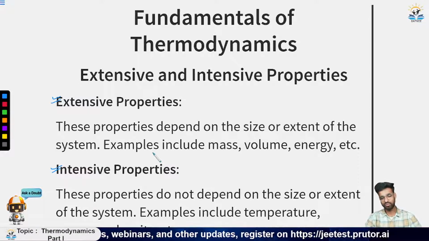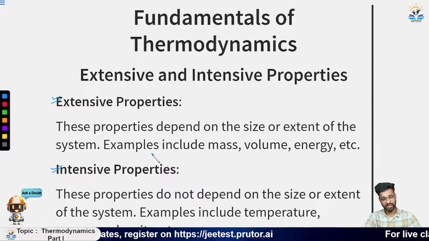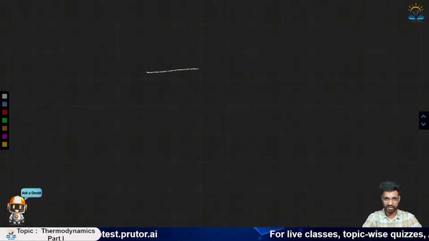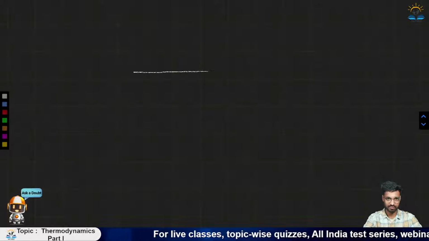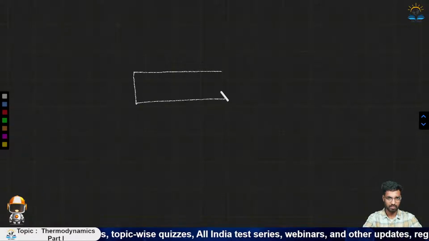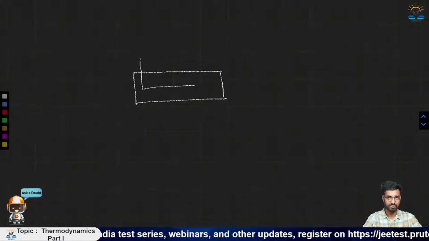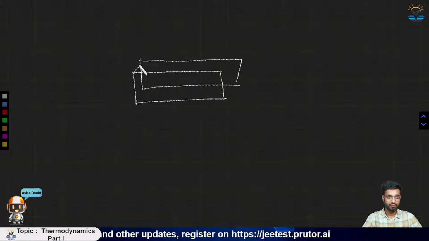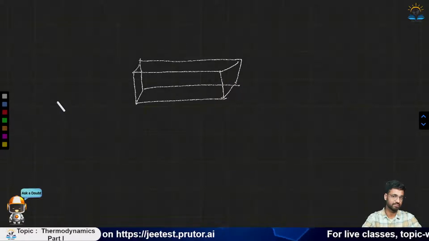If you want to classify them in a very easy manner, then you can think of it in this way. Suppose I have a container here, like this. So this is the container. I am taking a cuboidal container. We put a partition in that cuboidal container like this.